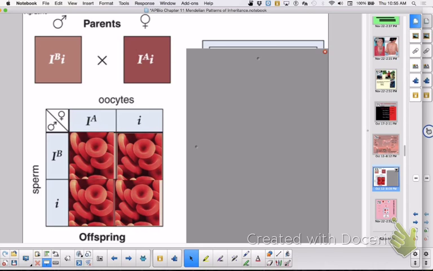Now, write out your genotype ratios and your phenotype ratios.